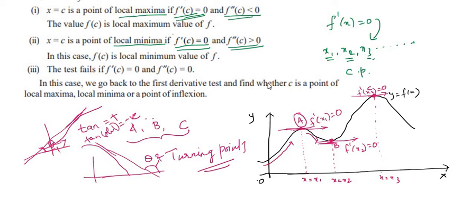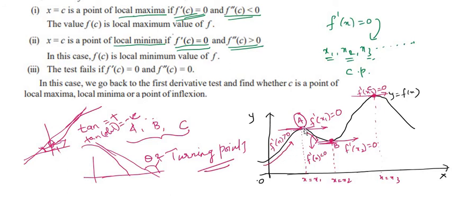That's why here, if I draw the tangent, all the tangents will be positive. Therefore, the slope of the tangent is nothing but f dash of x, so this is greater than 0. In this interval, f dash of x will be less than 0. If the function is a decreasing function, f dash of x is less than 0.